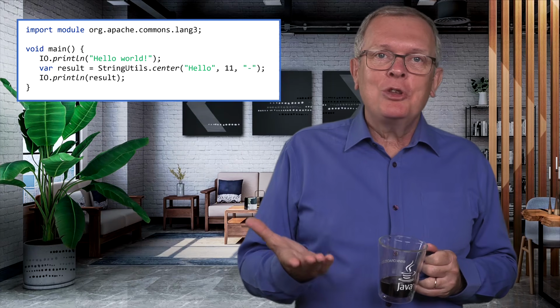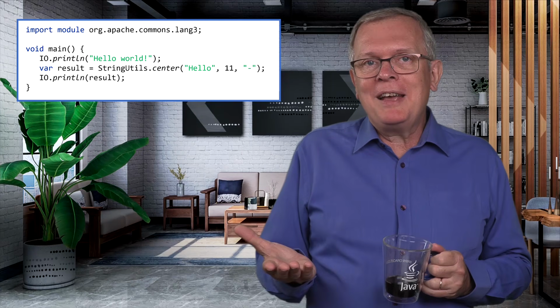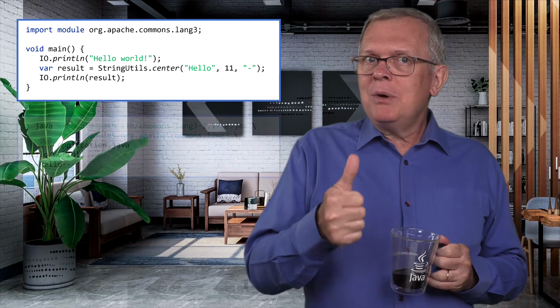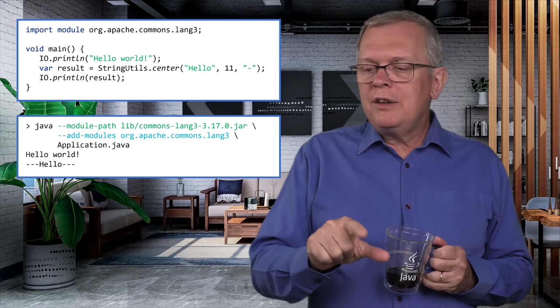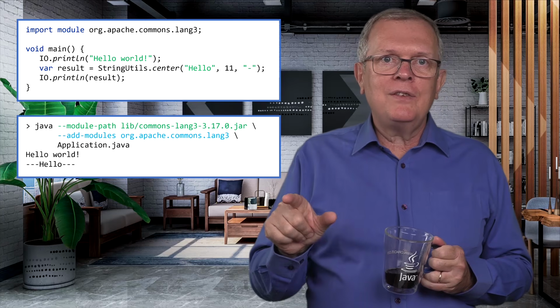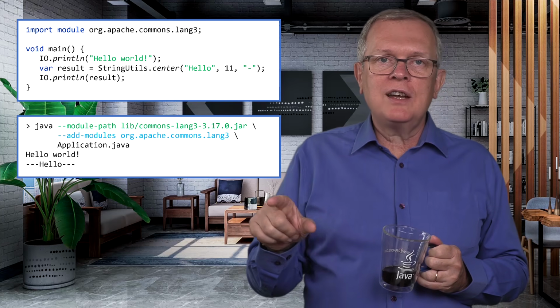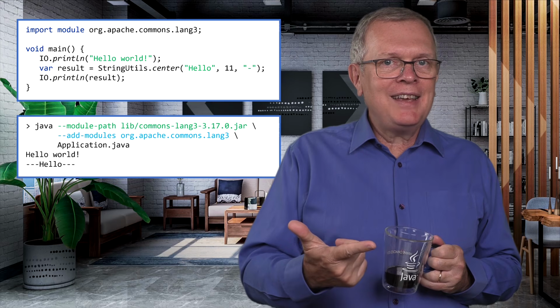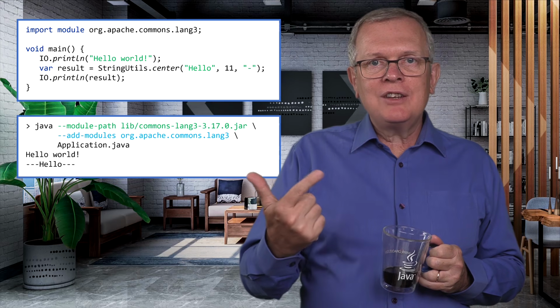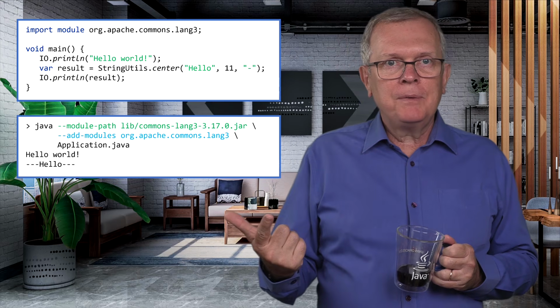In that case, the command line is a little more complex, as you need to import the module explicitly. First, you need to tell the compiler where is the jar that contains this module with the --add-module-path option. And then you need to add it explicitly with the --add-modules option.